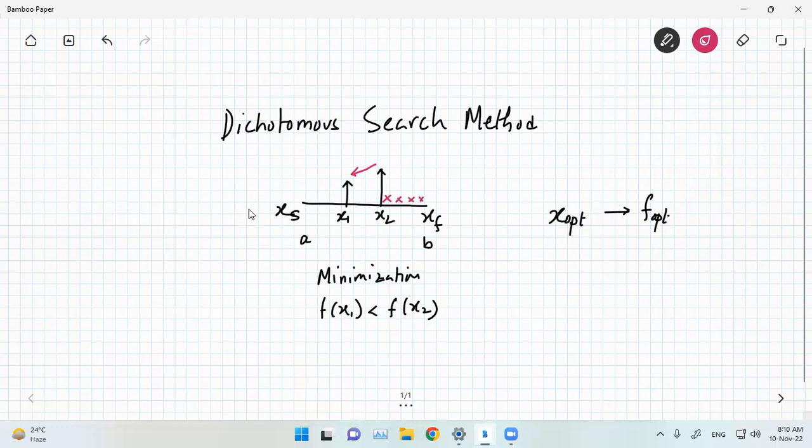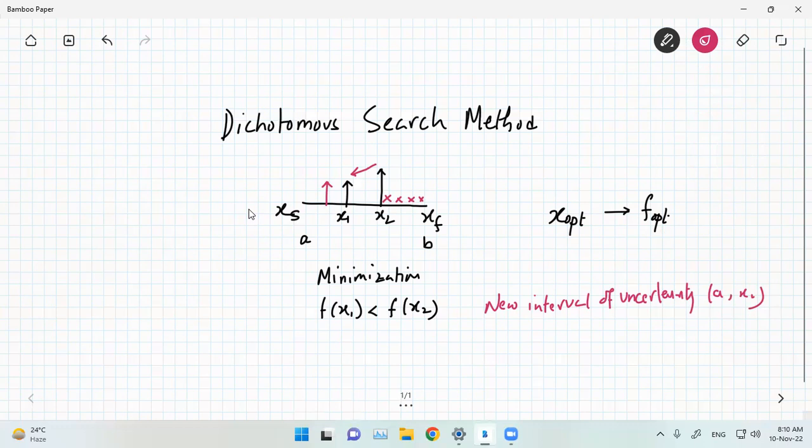So our new interval of uncertainty will be in between a and x2. Then again we have to take two more points. It may depend on whether x1 will be existing or not, and from method to method it can vary.